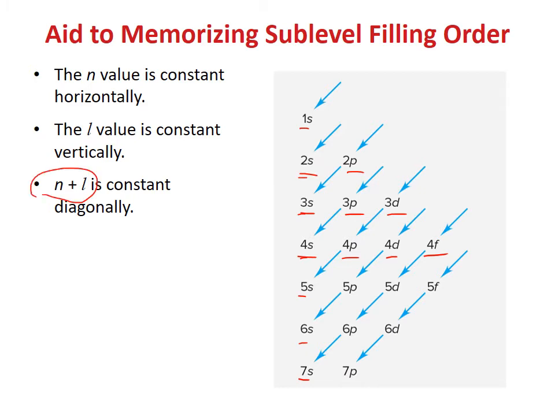So for example, let's look at this direction. For 3p, principal quantum number is 3, l is 1, so added together is 4. For 4s, principal quantum number is 4, and l is 0, added together is 4. So in this direction, the n plus l are both 4.